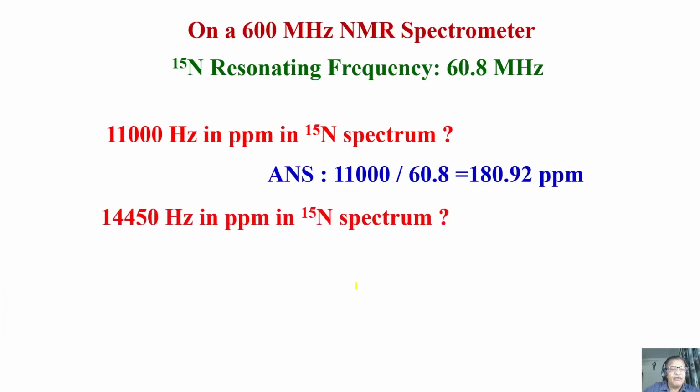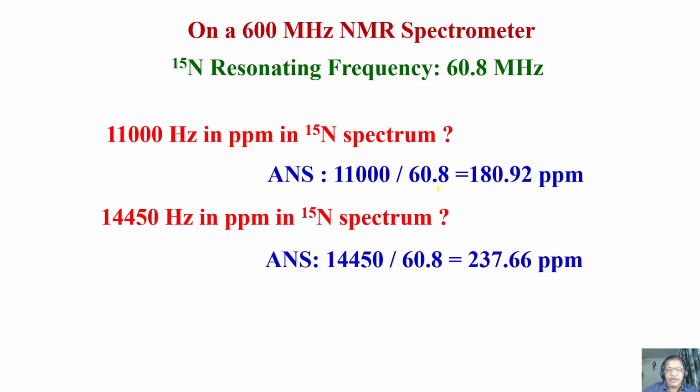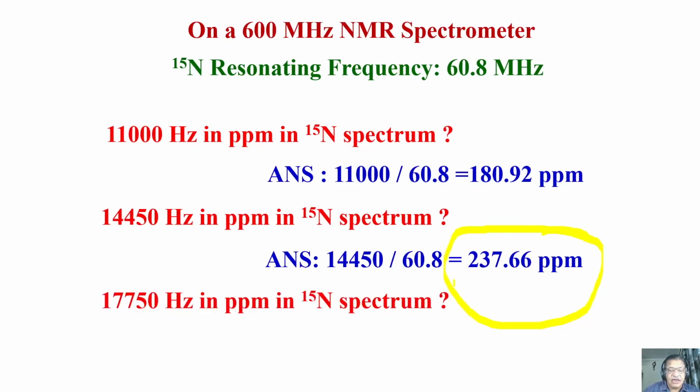Now what is 14,450 hertz in ppm in the same spectrometer for nitrogen 15? Of course, simple arithmetic. This conversion must be at your fingertips. Simply divide 14,450 by 60.8 and the value you get is 237.66. Last example, same logic, 70,750.